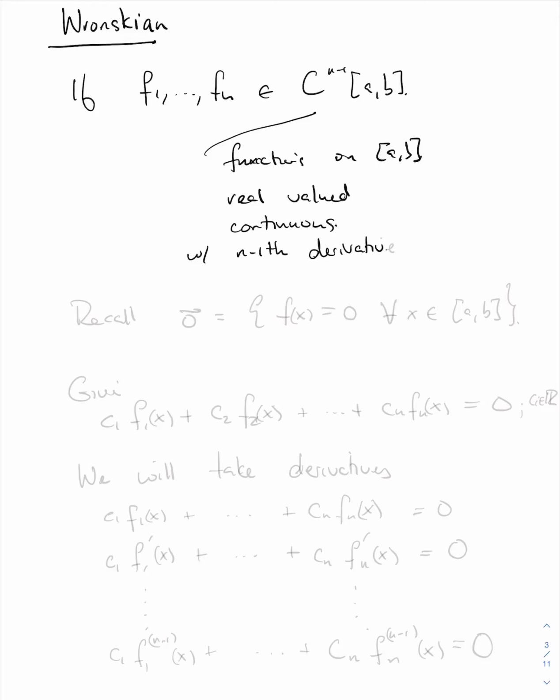You can take a derivative and then a derivative of that, up to the n minus 1. And recall that in this vector space, the zero vector is the function that sends everything to 0. So for all real numbers x in the interval a to b, f of x is going to be 0 every single time.